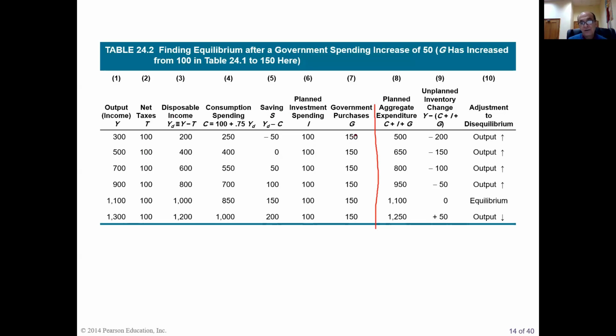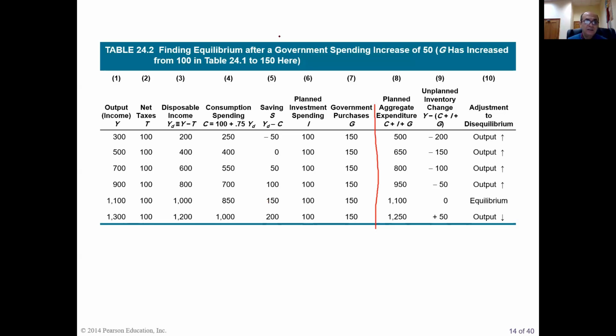If you remember, government purchase in the last schedule was 100, but right now it is 150. And we would like to show you the effect of increasing government expenditure on the total income equilibrium point.